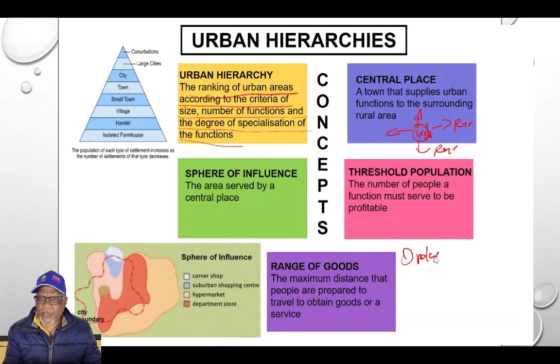So we have high order services, we have low order services. Low order services are the daily needs. You don't travel a longer distance for your daily needs. And then we also have high order goods or services, which are specialized. Therefore, you don't travel every day for those services, which means the range for high order services will be longer than the range for low order goods or services.